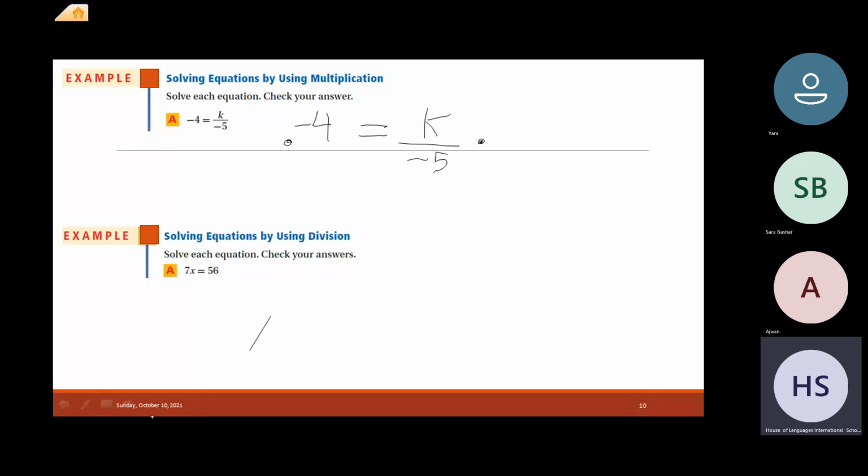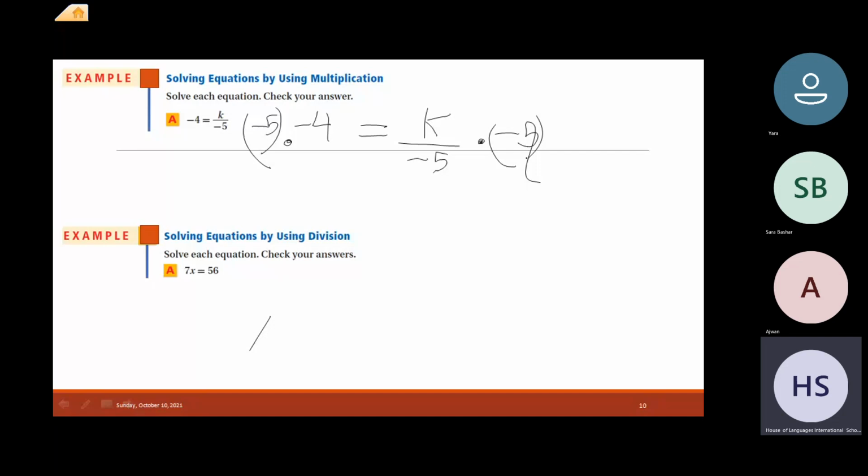Multiply by what? What is the number that K is divided by? Negative 5. So I will multiply by negative 5 on both sides. As we said in the multiplication property of equality, if I multiply a number on the left hand and multiply the same number on the right hand, the equation is not affected. It will still be the same. Where is my variable?